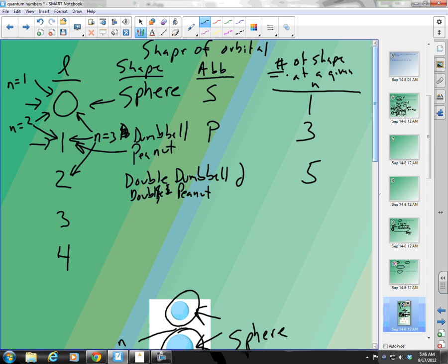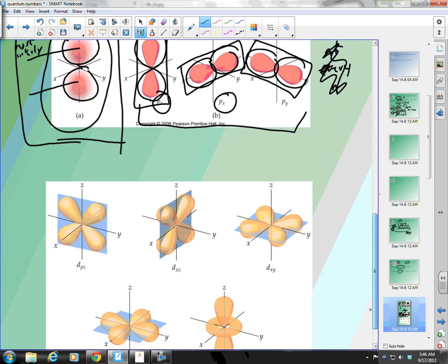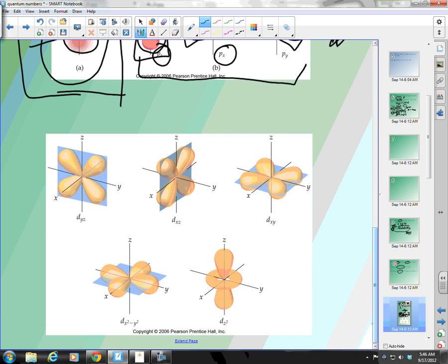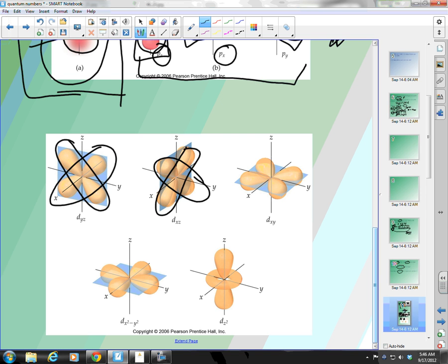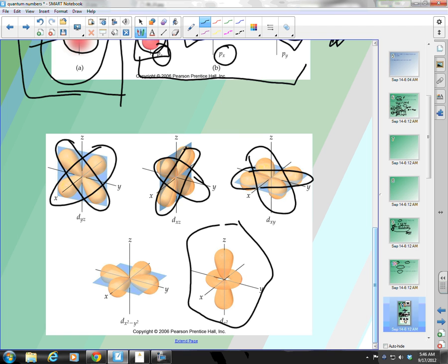And what do we mean by double peanut? It's kind of like a peanut in this direction and a peanut in that direction, or a dumbbell in that direction and a dumbbell in that direction, and so forth until we get to the Homer Simpson, right? Which is really what? Peanut, donut.